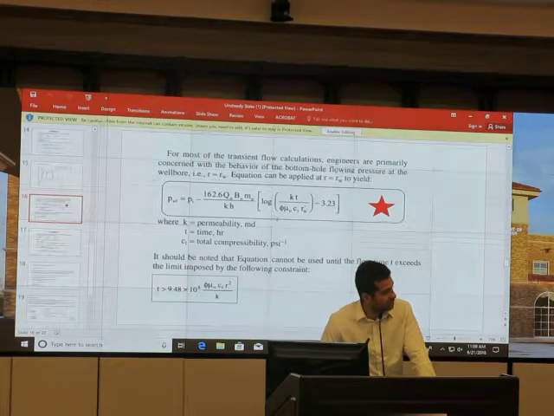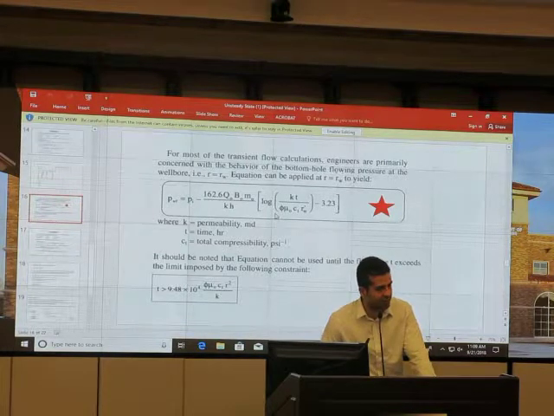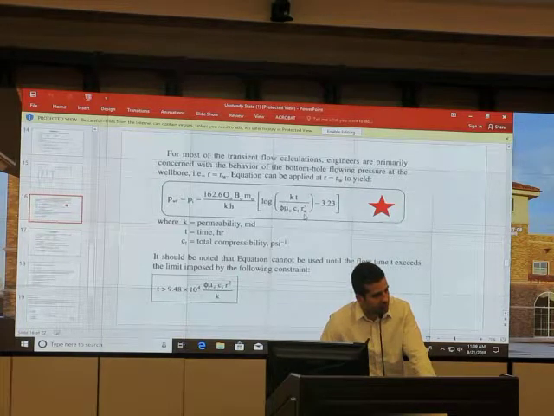So this equation is just a special case of that EI function. Just know it. If you are asked to give the pressure at the well site location, you see you have RW here. You don't have R.